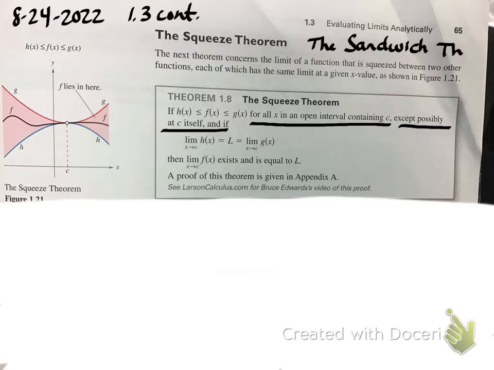But as long as h of x is less than or equal to f of x is less than or equal to g of x in the rest of the interval, then we can apply this theorem. And the theorem says the limit of h of x as x approaches c is equal to L, some value, L, which is equal to the limit of g of x.